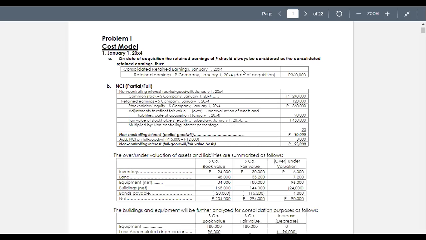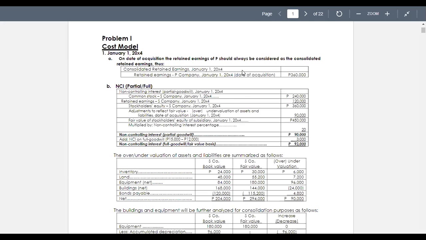Like for example, inventory undervaluation, you have 6,000. Land undervaluation, 7,200. And the rest of the assets and liabilities. So take note how 90,000 was arrived at. I have already guided you partially.